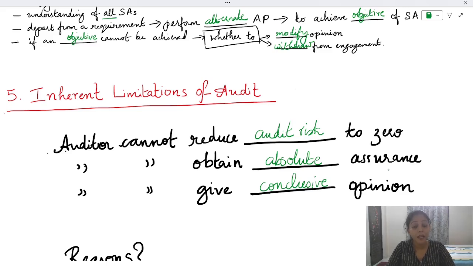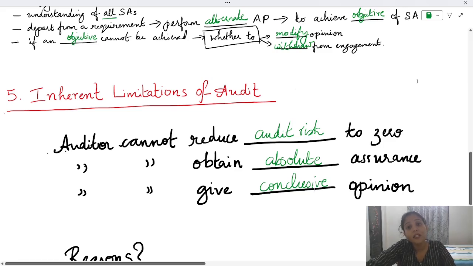No, there can be a chance because some fraud in the company that has taken place may be concealed at a high level where even the auditor, even after procedures, maybe going for technical training or taking knowledge or influence from other professionals, or using information technology, still it is concealed at a very confidential level that you are unable to detect that particular fraud, which means that there is an audit risk.